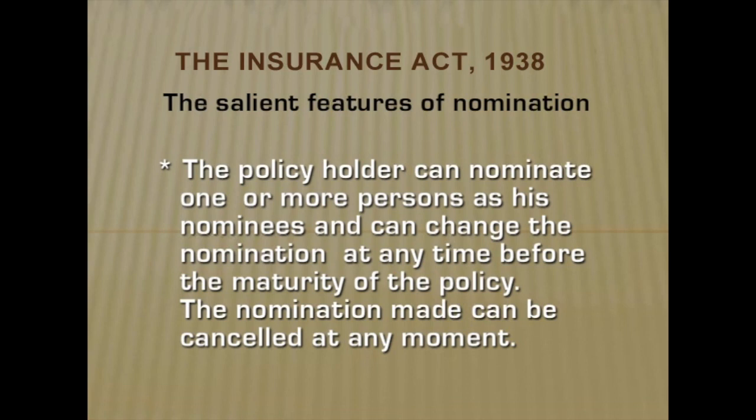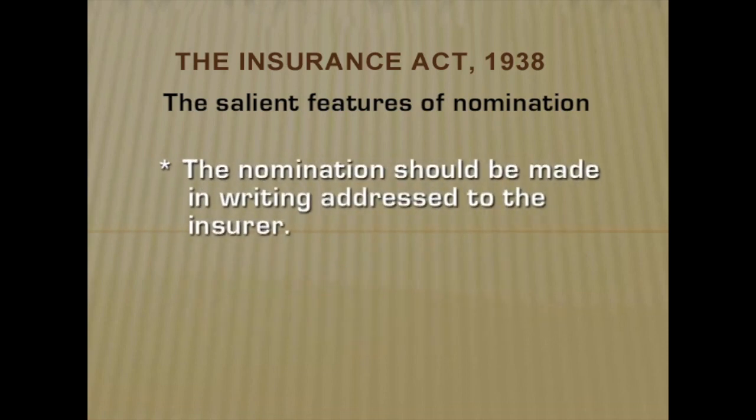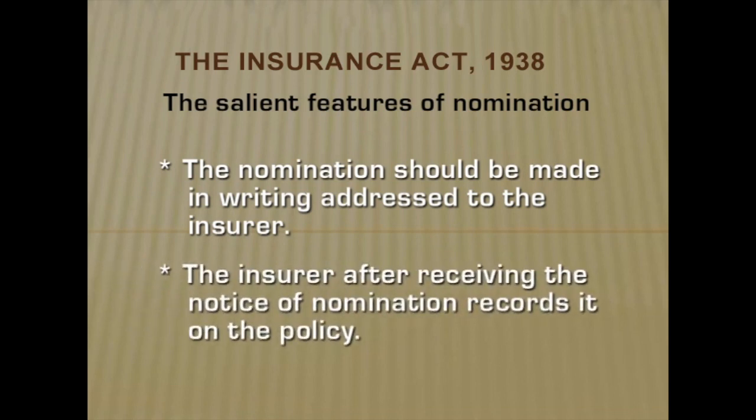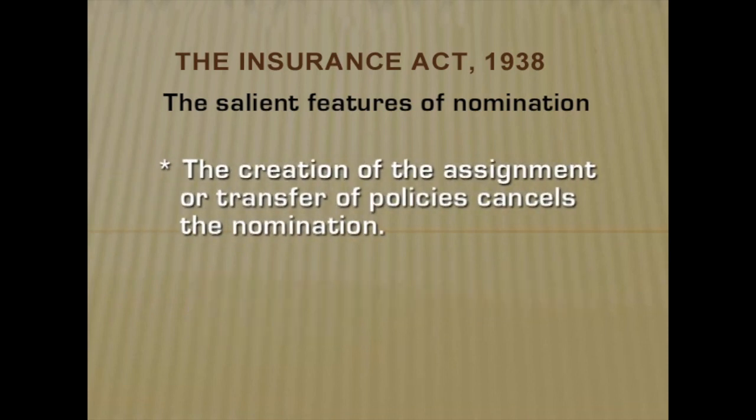The nomination made can be cancelled at any moment. The nomination should be made in writing addressed to the insurer. The insurer, after receiving the notice of nomination, records it on the policy. The creation of the assignment or transfer of the policies cancels the nomination.